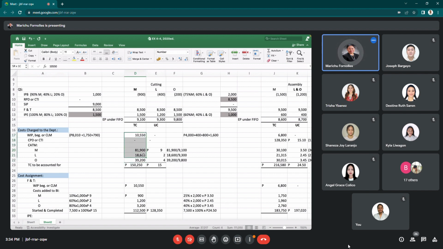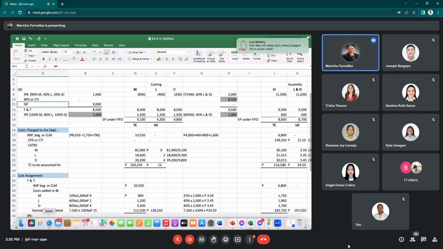So adding cost last month and cost this month gives you the total cost to be accounted for by cutting, 150,250 pesos. So notice that we are assigning peso amounts to our sources. The work in process beginning and the unit started and into process.